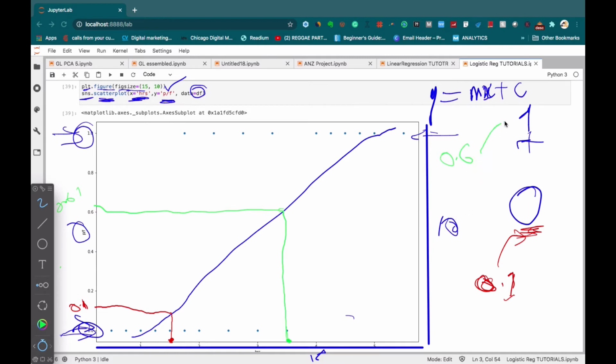This 0.61 is closer to 1, so we can conclude that this student studying for 3.5 hours will pass, based on the probability being closer to 1 than 0. But the one who studied for 1.5 hours will fail.